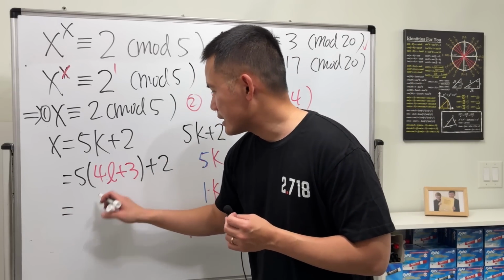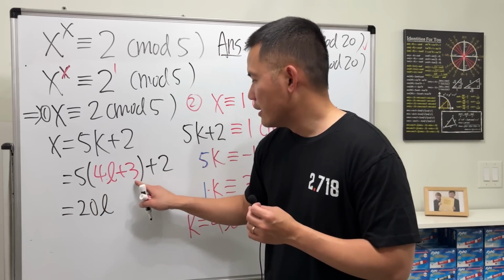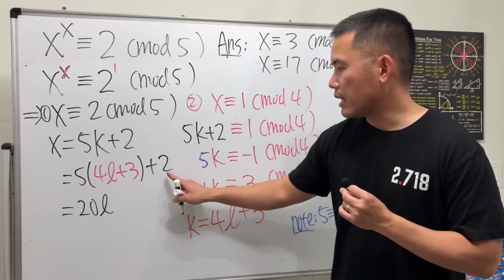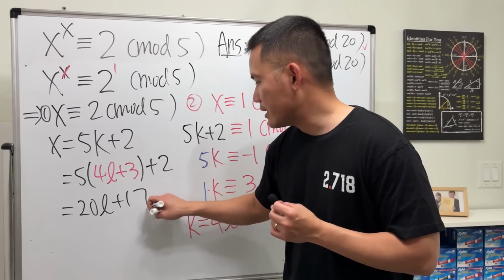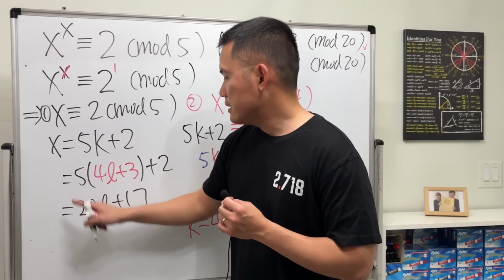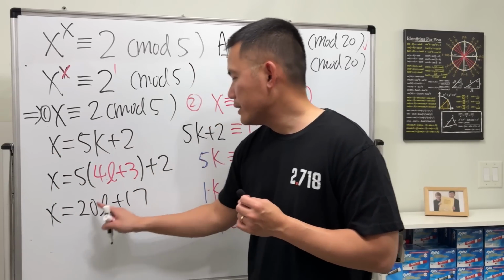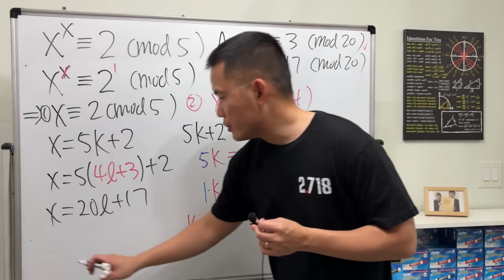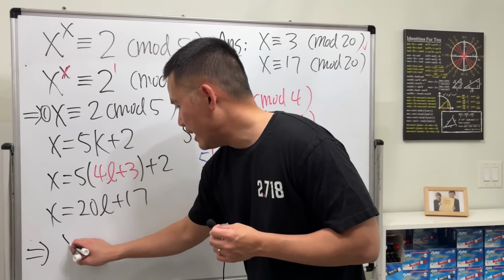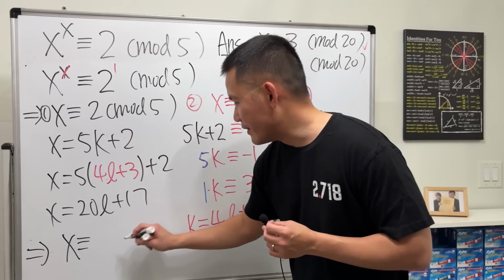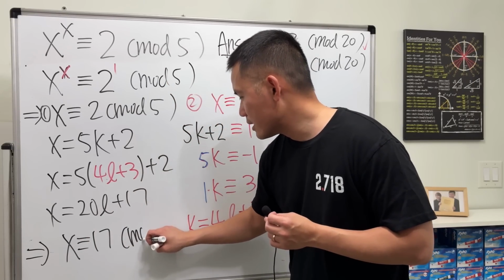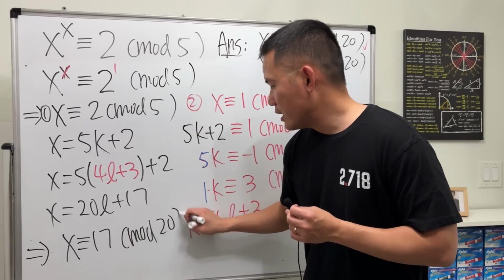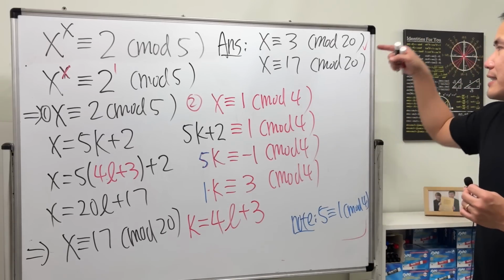As you can see, that's 20L, that's 15, and then plus 2, which is plus 17. So x is equal to 20L plus 17, which means that we can say x is congruent to 17 mod 20 if you do it backwards. And that explains the second one.